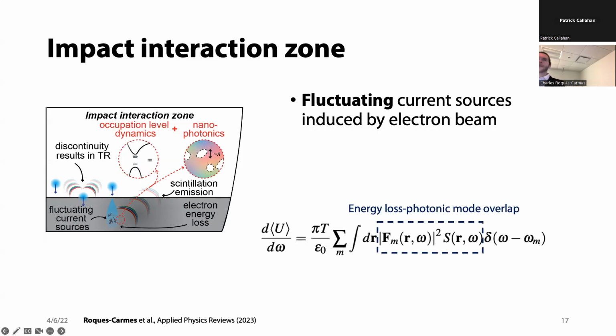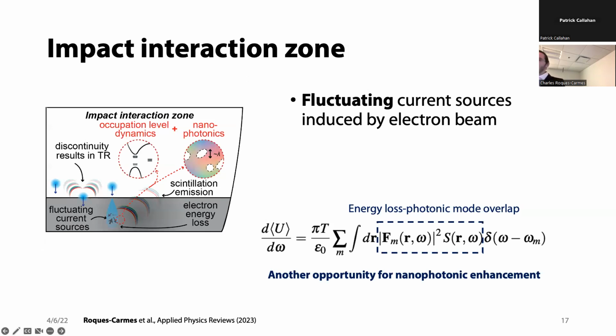More exactly here, we see that we have an integral overlap of the energy loss of the electron with the mode, which means that if we want to pump efficiently, and it's very intuitive, a mode of the structure, we need to have a strong overlap with where the electron is going to inject energy into the structure.